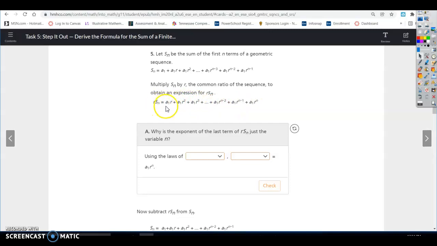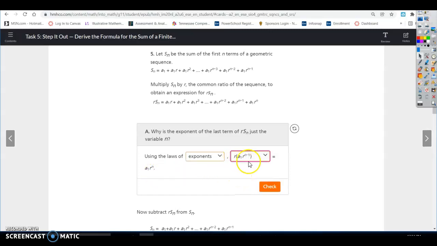If we have the r and then times the r to the n minus 1, the 1 and the negative 1 will just cancel out. So it's just going to be properties of exponents. So using the laws of exponents, r times a sub 1 times r to the n minus 1 equals this.